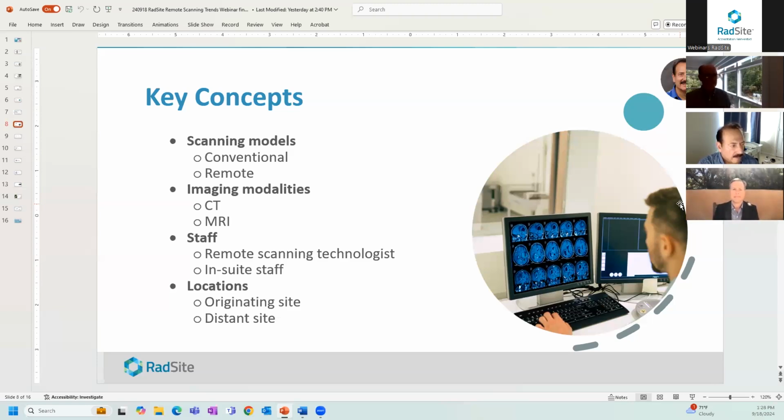Thanks. And is it your impression that in general, remote technologists are located in an office location that is set up by the facilities? Are they at home, like many radiologists are doing reading at home? Or do they actually come into work in an office where they have a location that's already set up for them specifically to do remote scanning?